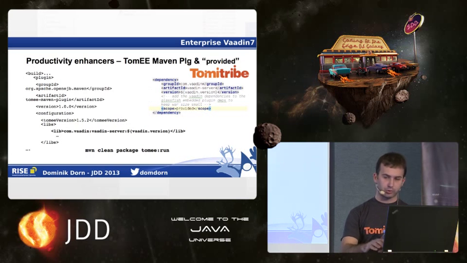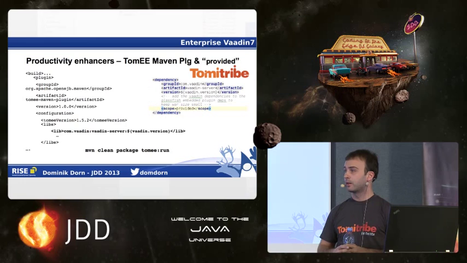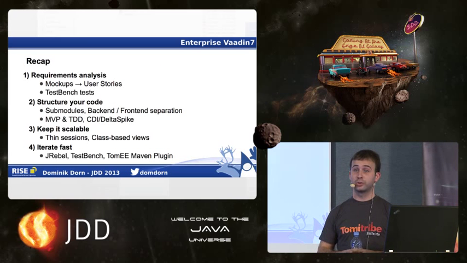I'm almost finished with my talk. A quick recall. The first thing we did in our project is requirements analysis. We talk to the customers, we create mockups, and from the mockups we create user stories. In our design, we have people creating tests with TestBench. This helps us ensure that what we are building is really what the customer wants.